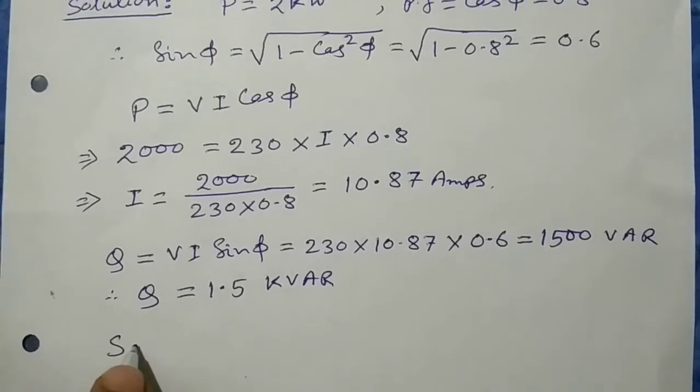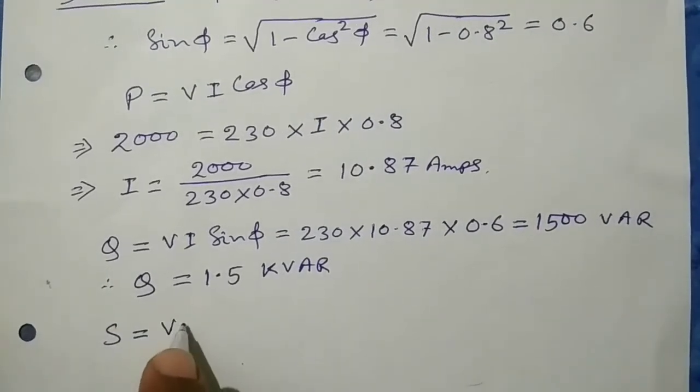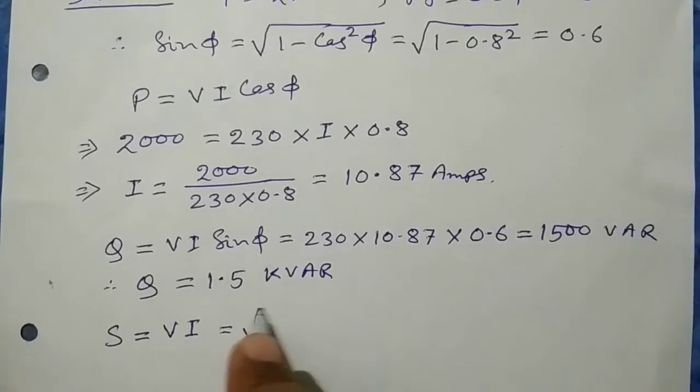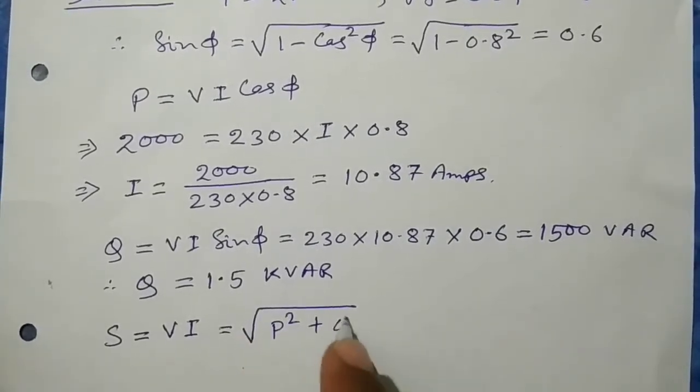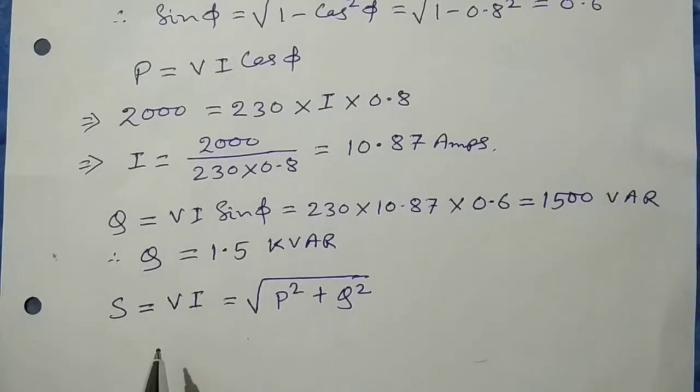And the apparent power, it can be calculated by multiplying RMS voltage and RMS current, and also you can find it by using square root of active power square plus reactive power square. So we can use either of these formulas.